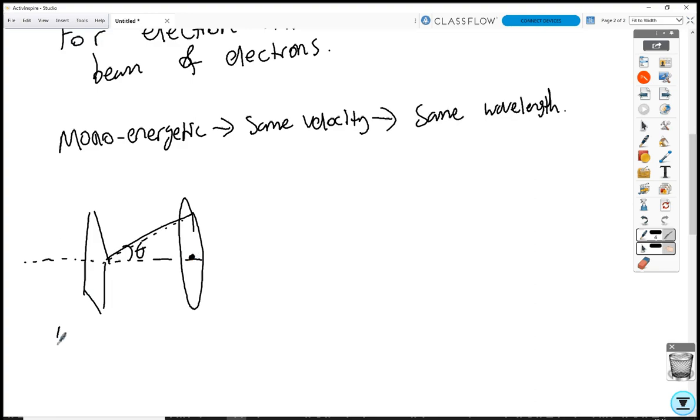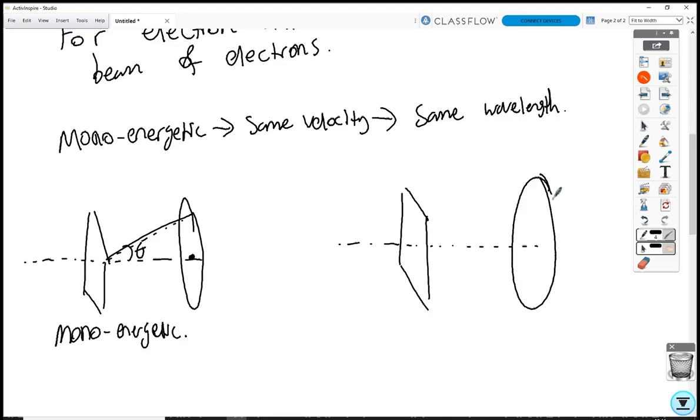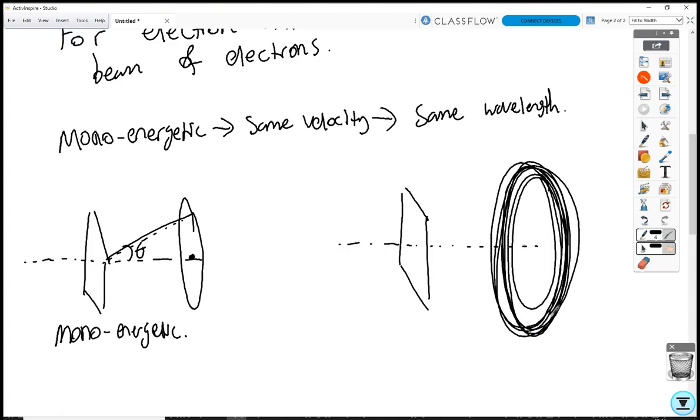So this is monoenergetic. And if you don't have monoenergetic, then your rings will basically become thick and blurry.